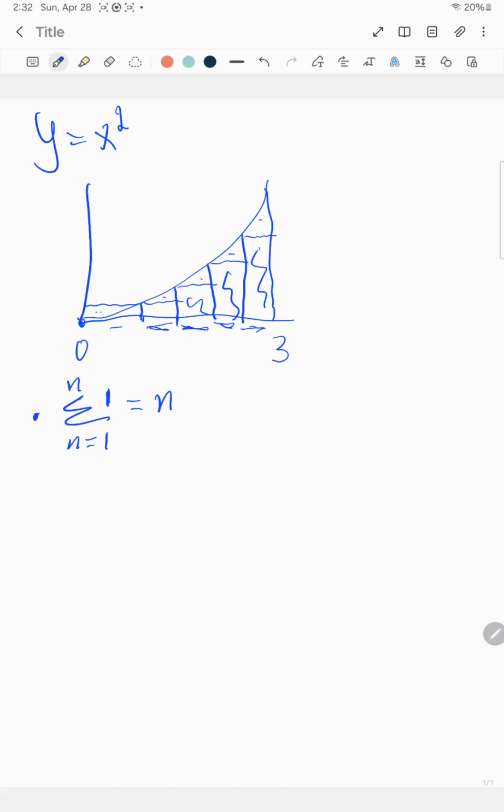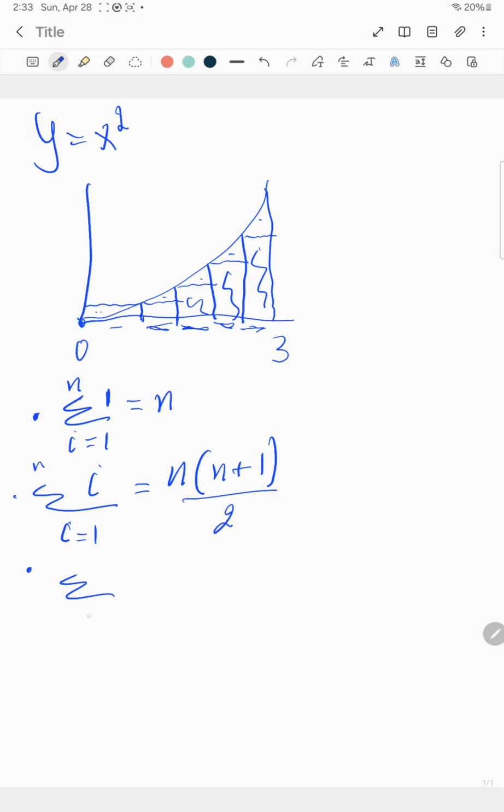The second formula is the sum, sorry, here it's i equal 1 to n of i. This will be equal to n times n plus 1, divided by 2. You don't need to understand how I came up with this formula. We will see it in one exercise later on, but you just need to apply the formula while solving the problem.